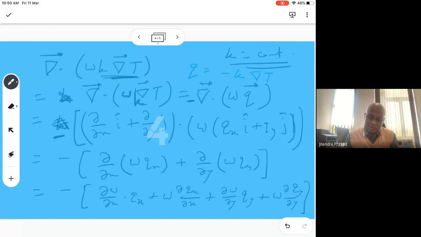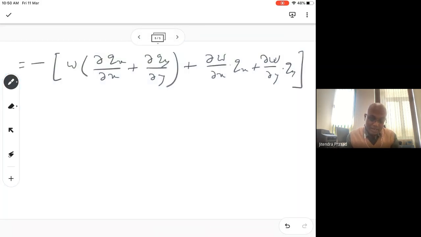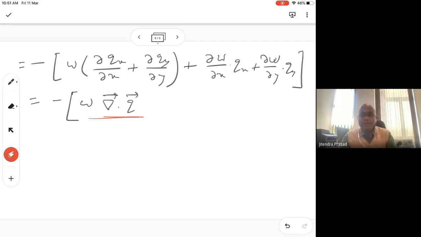So this is the same thing but rearranged, and which is equal to minus, what is this one? There we have w, and then what is this? This is nothing but the divergence of q, simply, right? This is divergence of q. w times divergence of q.